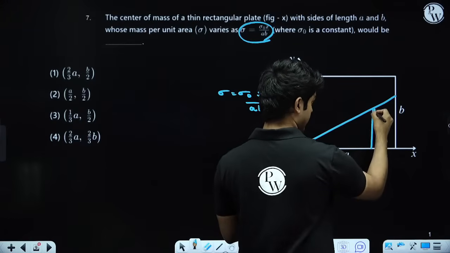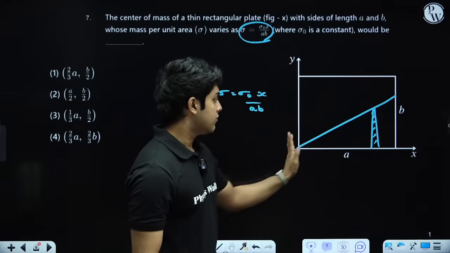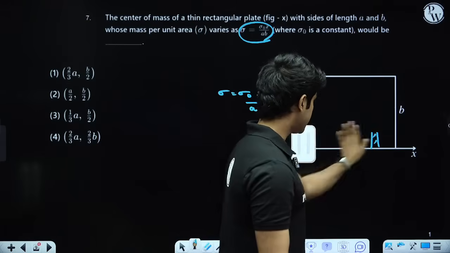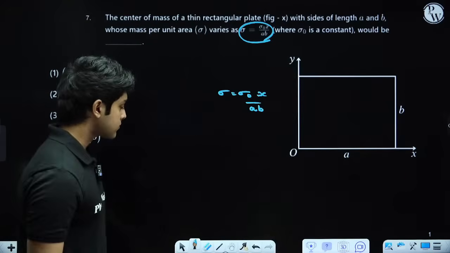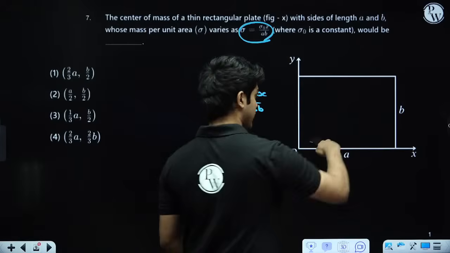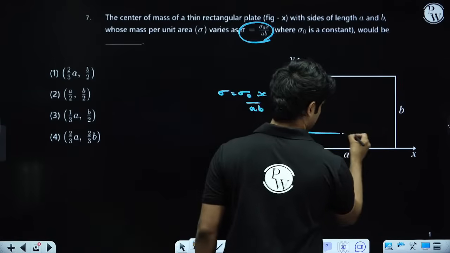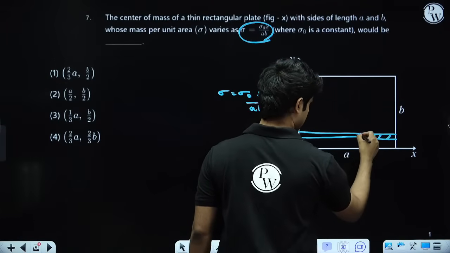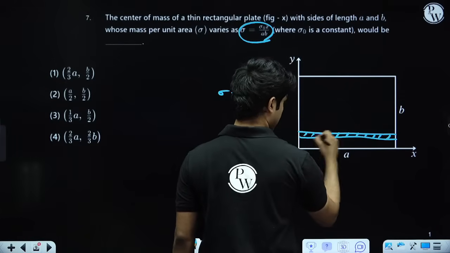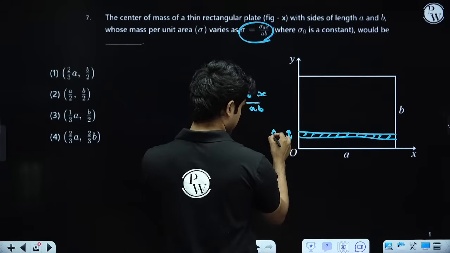So here the mass density is very high, here the mass density is low, which means the center of mass will be somewhere to the right of A by 2, right? And if I go along the y direction, there is no change. So if I take a tiny strip something like this along this, with a length a and width delta y.